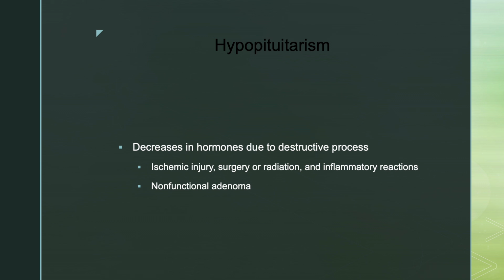This enlargement of the pituitary gland during pregnancy is not met with increase in the vascularity, which makes the pituitary gland prone for ischemic injury. Now, if during delivery, for some reason, hemorrhage occurs, uterine or vaginal excessive hemorrhage, this might result in ischemia, and it in turn could result in hypopituitarism.